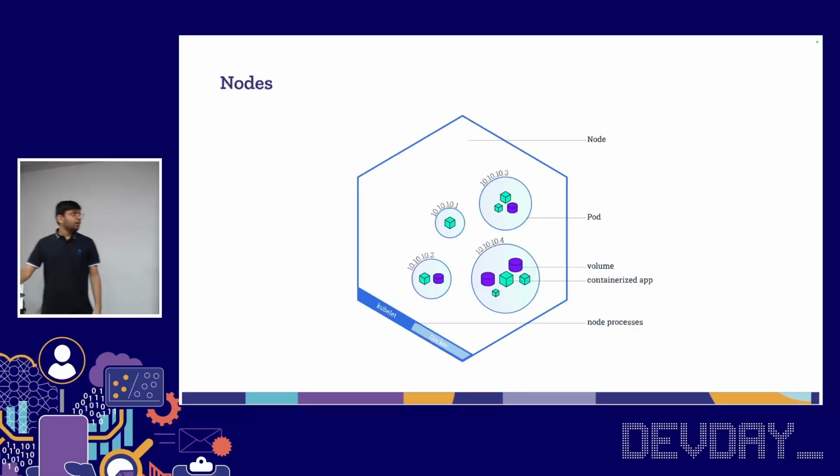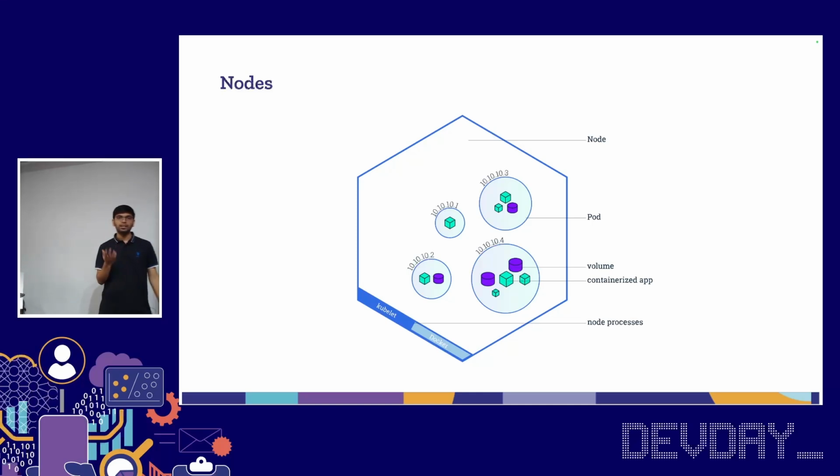So the next component is nodes. In K8s there are two types of nodes, but it doesn't matter which type of node it is. You would always be running some kind of pods on it, right? The distinction is that there are worker nodes and control plane nodes. Worker nodes run your application, so the pods on worker nodes are your applications.